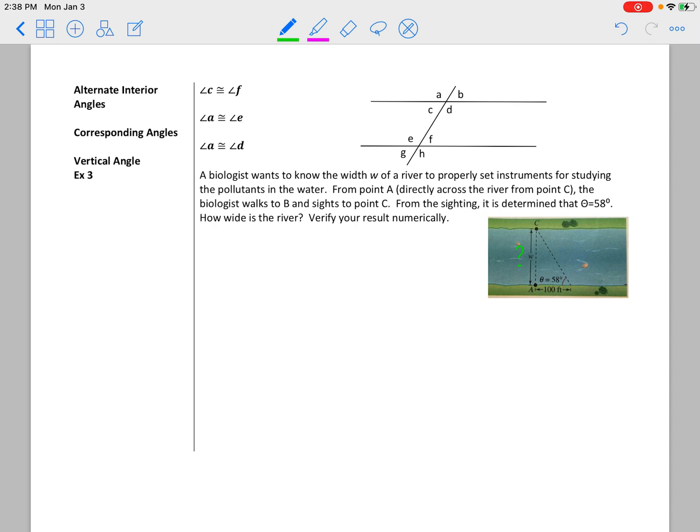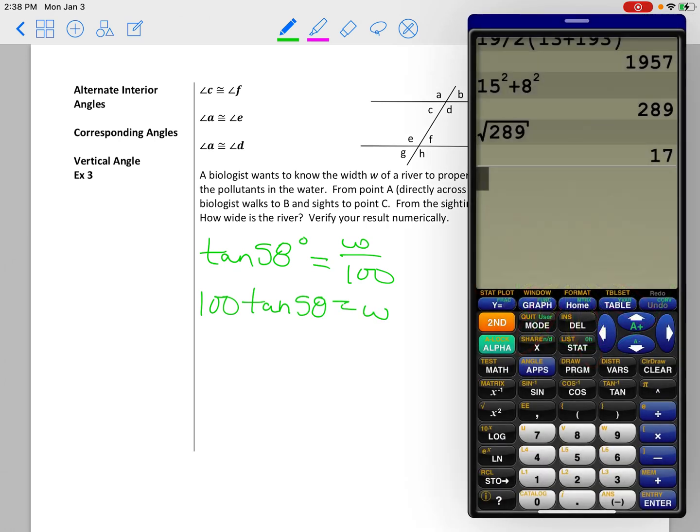Well, since it's directly across, that means that this is a 90-degree angle. So that means that the tangent of 58 degrees equals W over 100. Cross multiply, so 100 times the tangent of 58 equals W. Use my calculator.